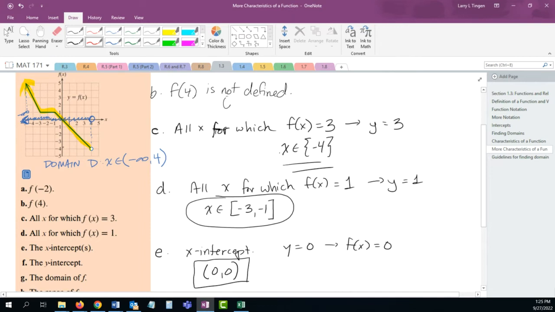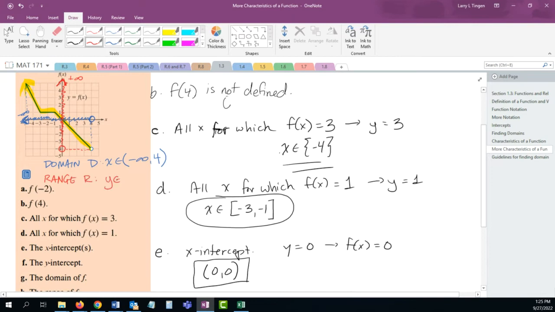So starting at the bottom, I don't have -4, but I do have everything greater than that. So the range continues, right? I'm coming over here. Range is going up. I'm still hitting it. I'm still hitting it. And it continues forever, right? So for the y-axis, I start at -4 and I run until forever.